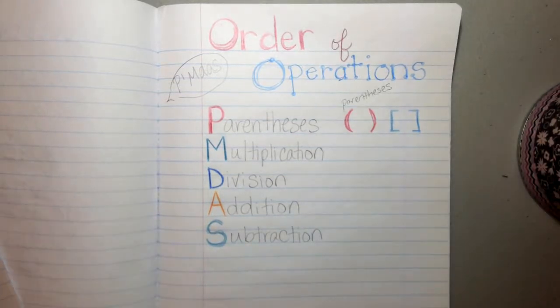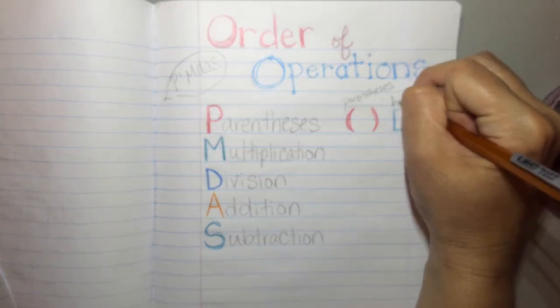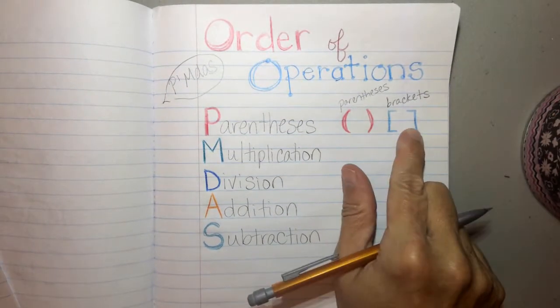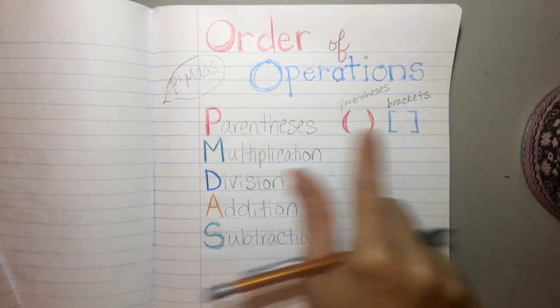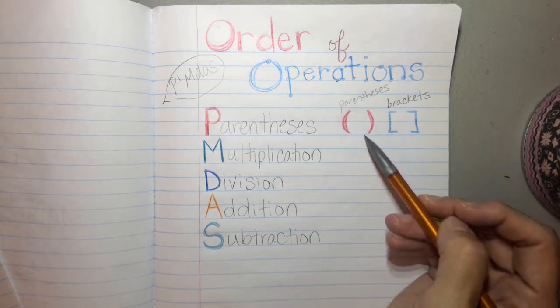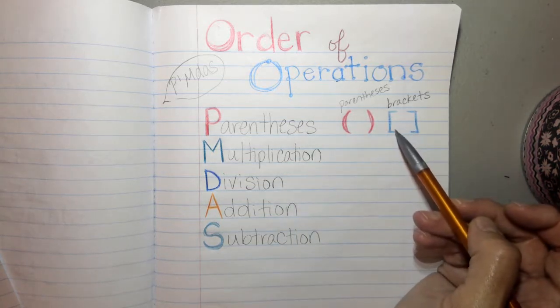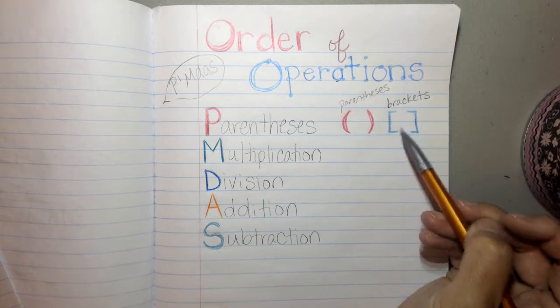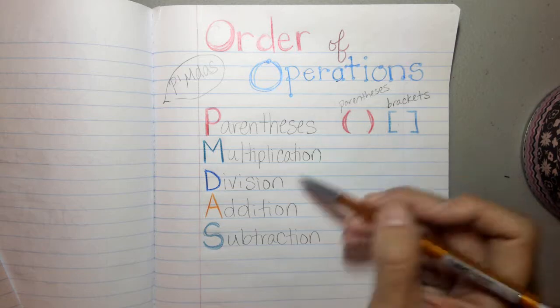We will talk later about when you would use parentheses and when you would use brackets. You solve whatever's in the parentheses and then whatever's in the brackets. Parentheses tend to come inside brackets, so you solve the parentheses and then the brackets.